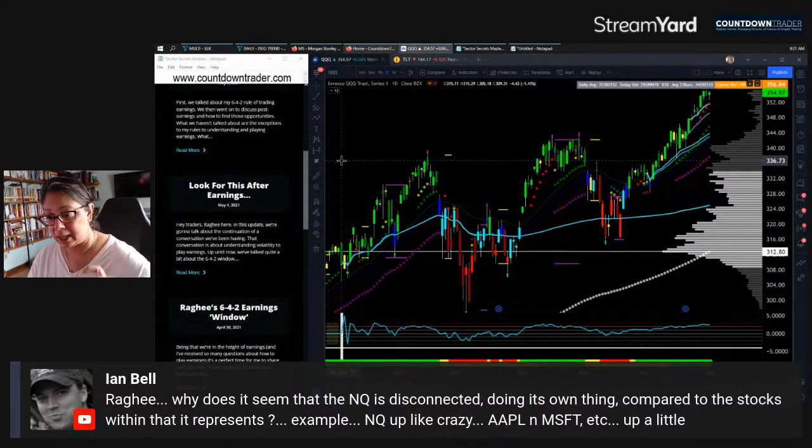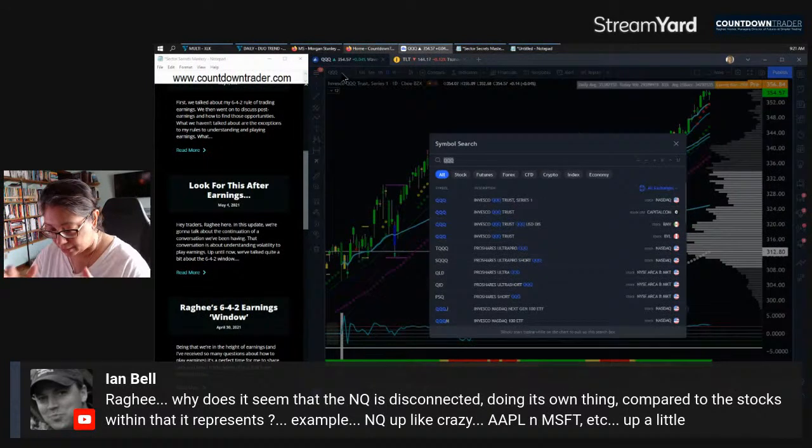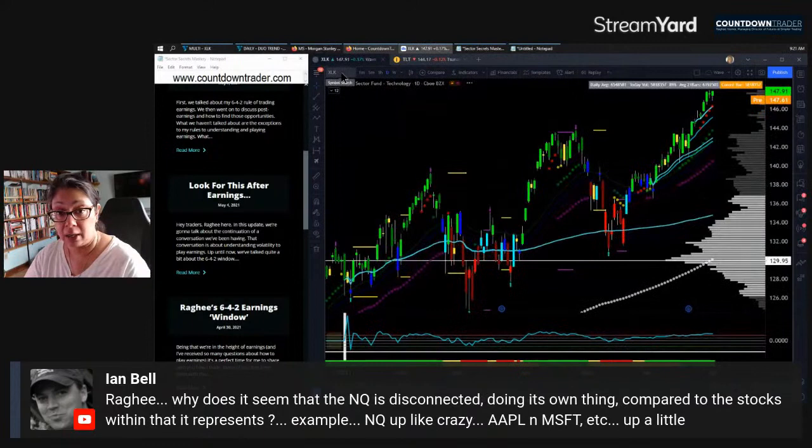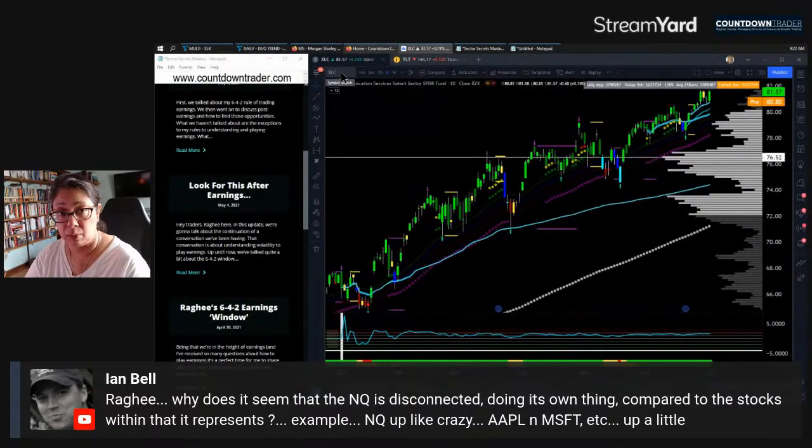QQQ, as of the addition of the XLC, XLK, and XLY ETFs, has really been broken down into three pretty popular ETFs. XLY, which is Amazon and Tesla. XLK, which is Microsoft and Apple. And XLC, which is Facebook and Google.